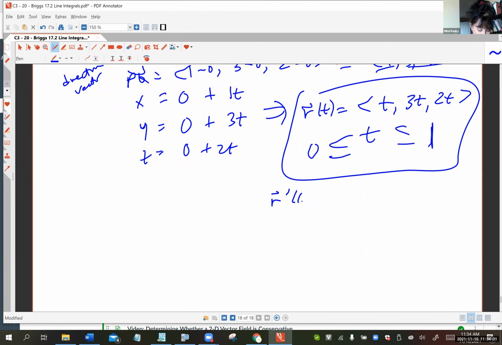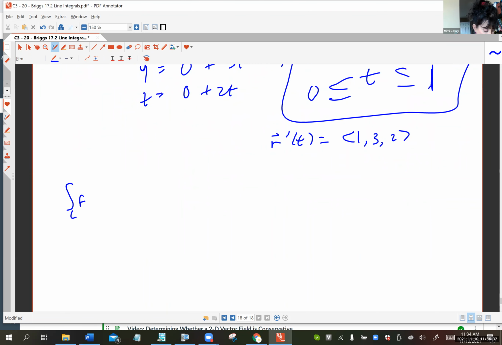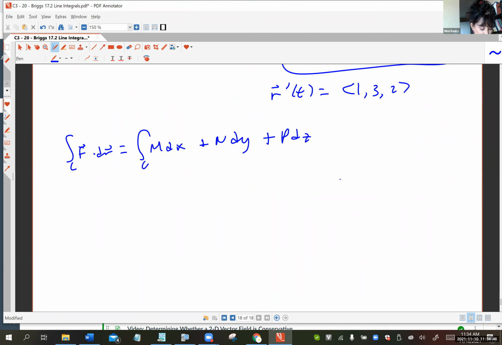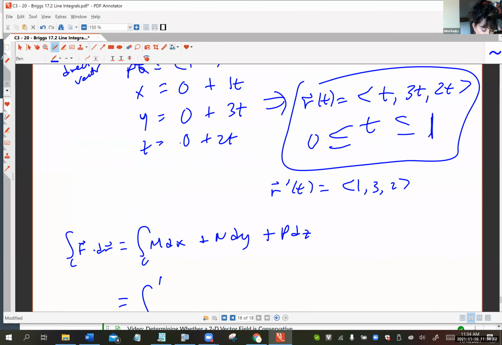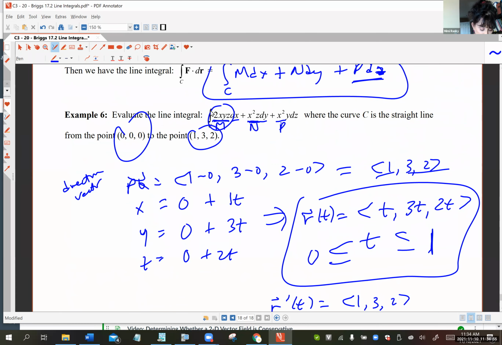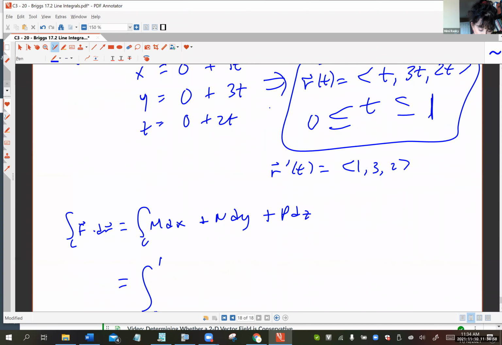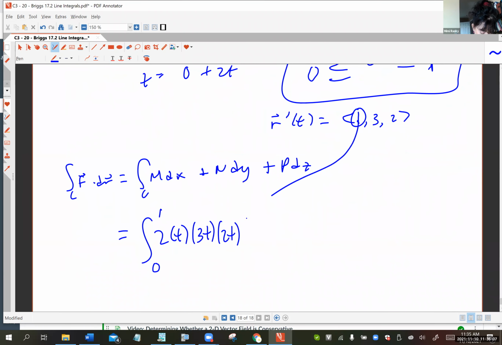Okay, let's go get our r prime, and for this particular case, it's a constant vector. Nice. So F dot dr, which is really this differential form, M dx plus N dy plus P dz, is going to be the regular integral going from 0 to 1. The M for us was 2xyz. Oh boy, 2xyz. So we're going to have 2, then the x is t, and then the y, and then the z, and the dx is basically 1.